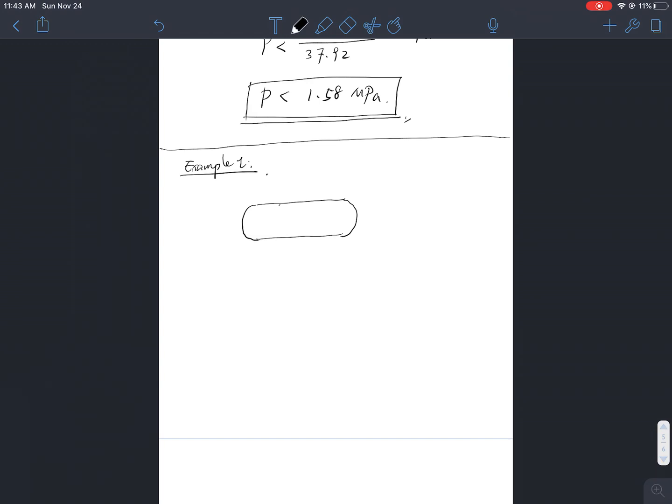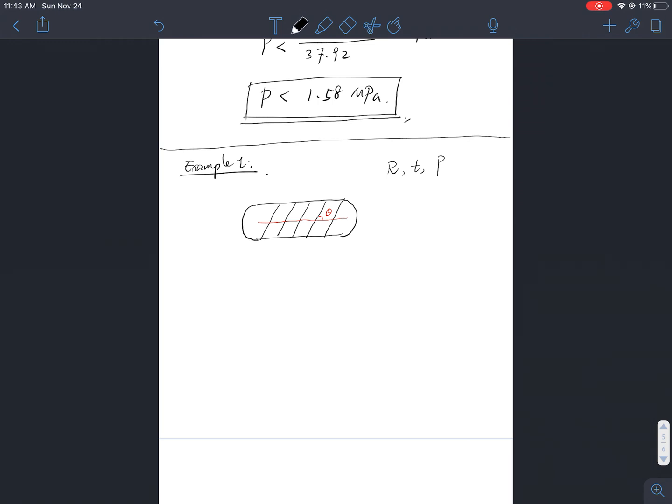Now I say the cylinder was welded with the seams at an angle with the horizontal direction by theta. The size of the pressure vessel is R, thickness is T, internal pressure is P. I tell you all this.